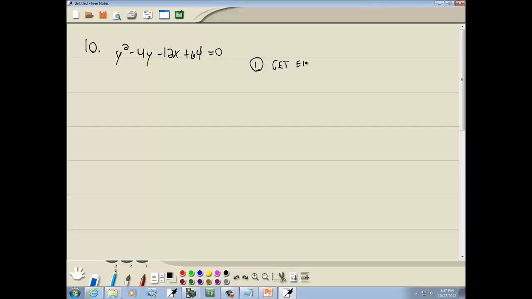So get everything with a y on one side. The variable is squared. Now in a different problem, it could be the other variable. So get everything with a y on one side, everything else on the other side.